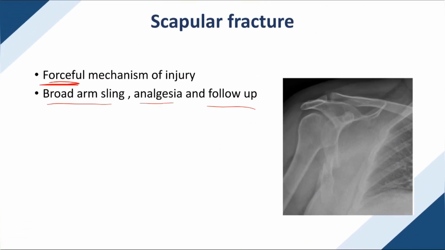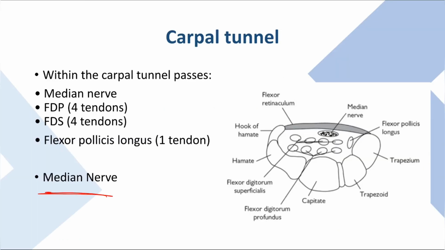Carpal tunnel syndrome. Carpal tunnel syndrome occurs when the median nerve is compressed as it passes through the carpal tunnel in the wrist. The main causes include repetitive hand movements, conditions like diabetes, hypothyroidism, wrist injuries, and pregnancy.